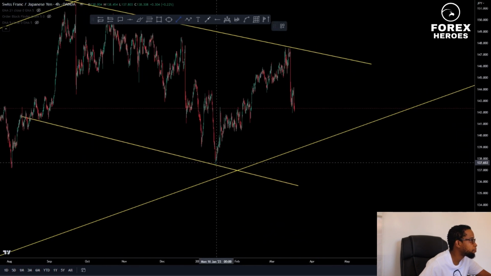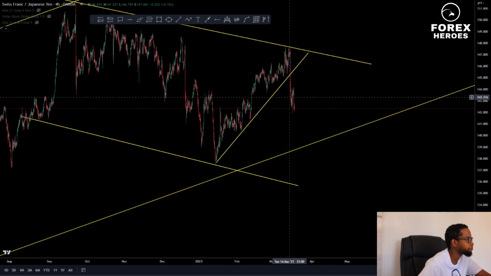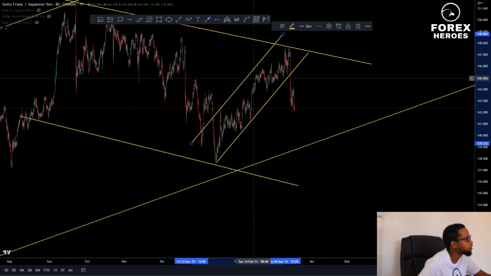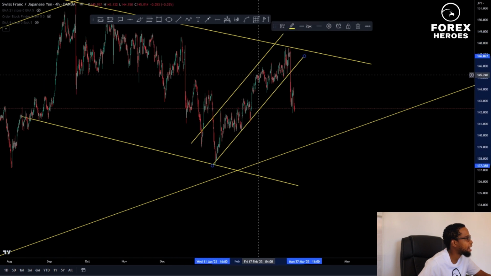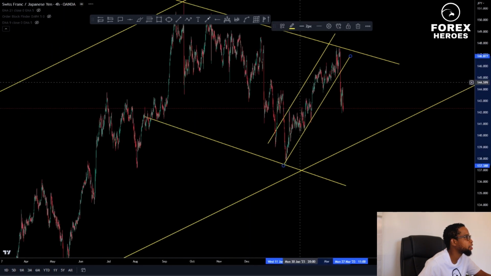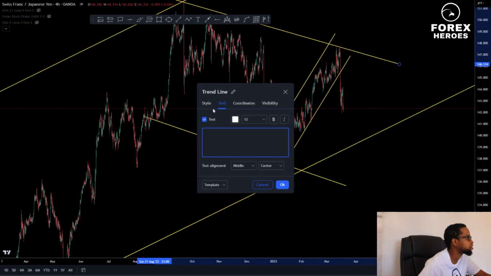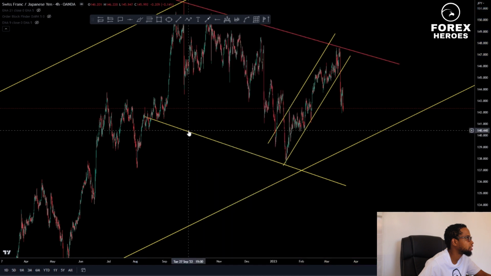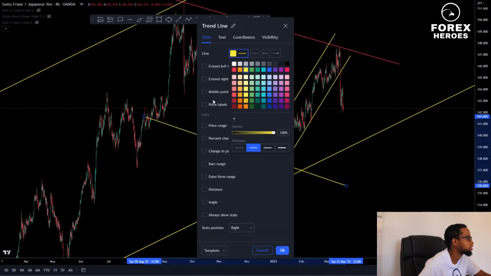Okay, fine. On our chart, we broke this trend. Then this is our channel, which was an uptrend. So you can see the bigger one. Let me try to change the colors. Okay. Let's use red.